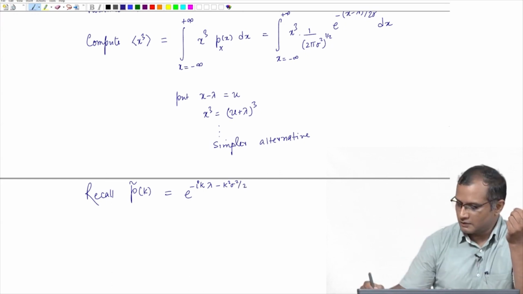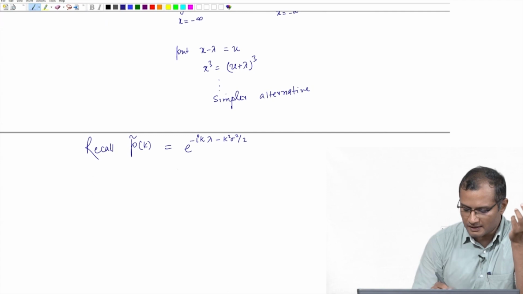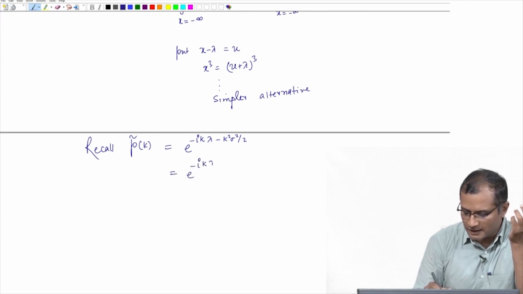I will just rewrite it for convenience as e to the power minus i k lambda plus (minus i k) the whole square sigma square by 2.